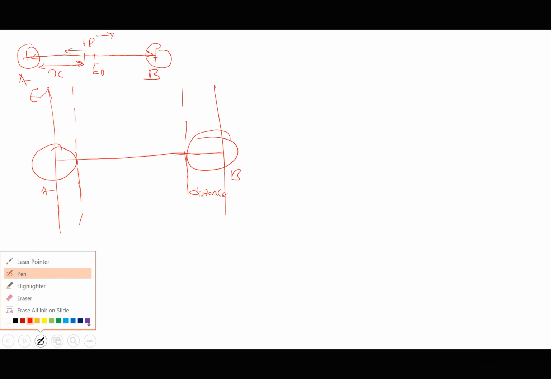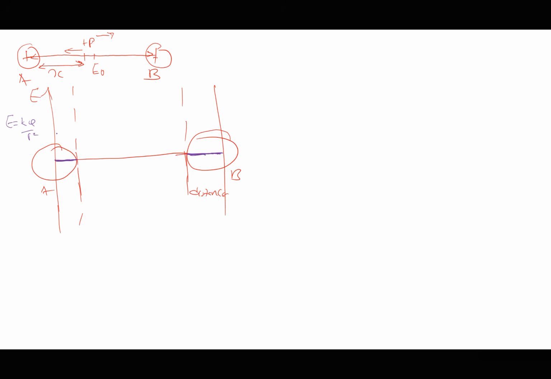I know, or you must have noted, that E inside the conductor is always zero. So if these are identical conductors, inside the conductor, the line for the graph will be along the x-axis. But on the surface, we have seen that E is equal to kq over r squared. So there will be a value for E just on the surface, which depends on the radius of these spheres.